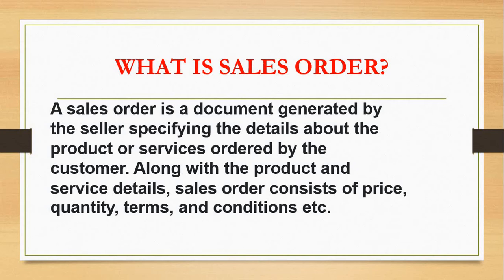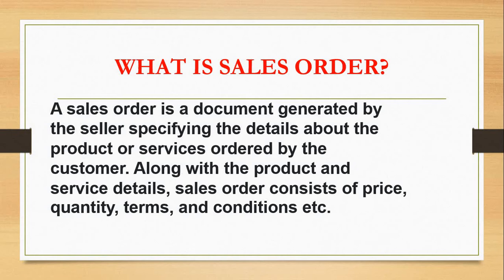What is a sales order? A sales order is a document generated by the seller specifying the details about the product or services ordered by the customer. Along with the product and service details, a sales order consists of price, quantity, terms and conditions, etc. This is called a sales order.